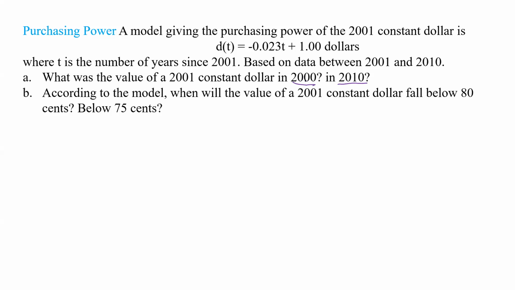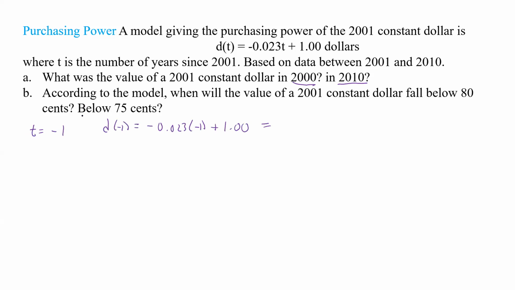Well, what is 2000 from 2001? That's going back a year. And so then we're going to have t is equal to negative 1 because we're going backwards. So d of negative 1 equals negative 0.023 times negative 1, and then plus 1.00.